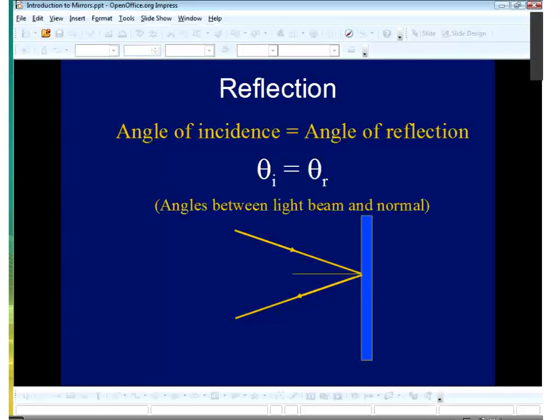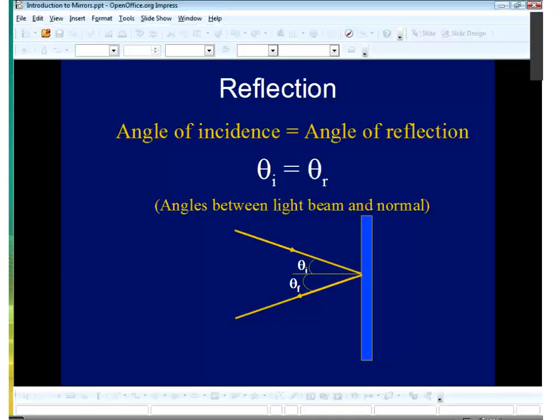And then the incident ray, the reflected ray, and the normal, they are in the same plane. Right? They are in the same plane.